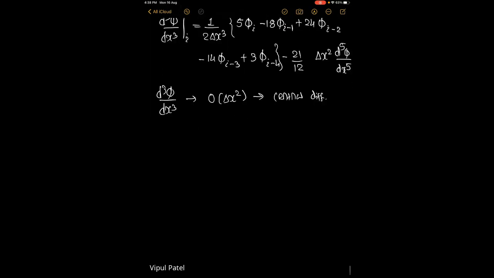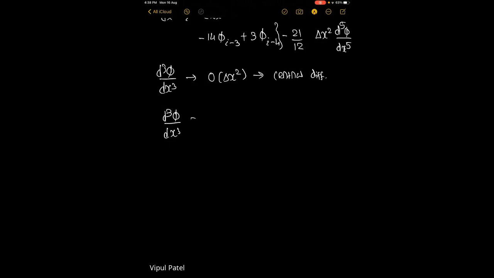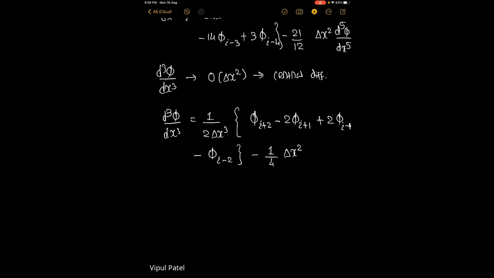So your equation would be d cube phi by dx cube equal to 1 over 2 delta x cube, then phi I plus 2 minus 2 times phi I plus 1 plus 2 times phi I minus 1 minus phi I minus 2, minus 1 by 4 delta x square d to the power 5 phi by dx to the power 5 at any node I. So these are some of the formulations which I have written down over here.